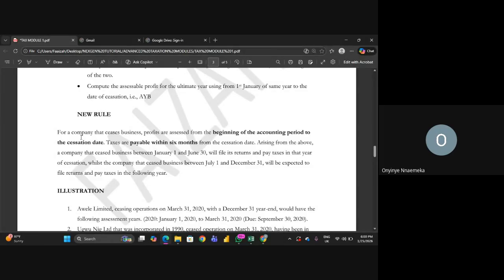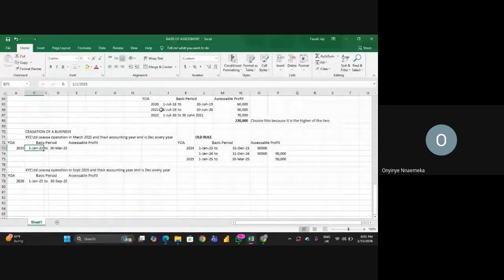To know the profit of the business that has ceased for a particular year of assessment, it says that you should assess them from the beginning of the accounting period to the cessation date. I intentionally bolded that sentence. Now, let's go back to the Excel sheet.